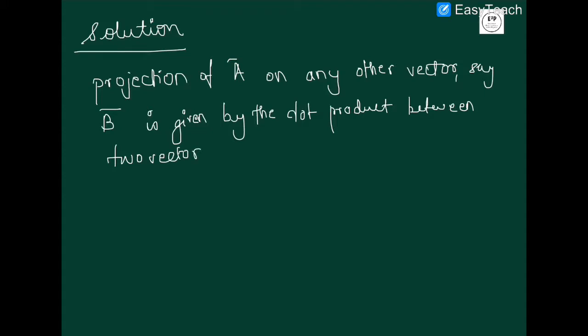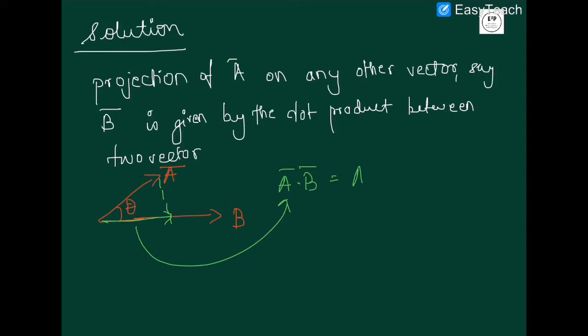For you to imagine this, let's say this is the A vector and this is the B vector, and there is some angle theta between them. So the projection of the A vector on B is this, and that is nothing but the dot product, A dot B. Geometrically it can be written as the mod of A, mod of B, into cos theta. Here theta is the angle between A and B.